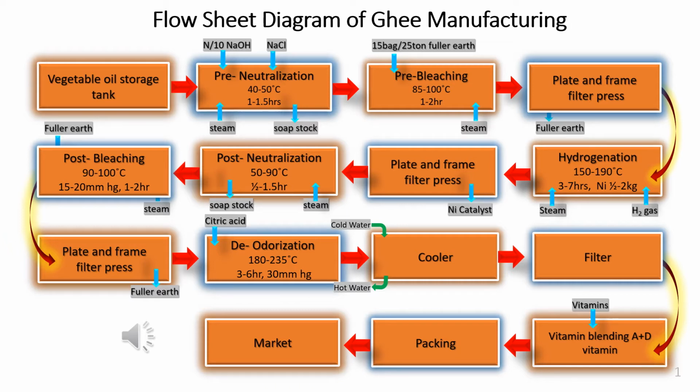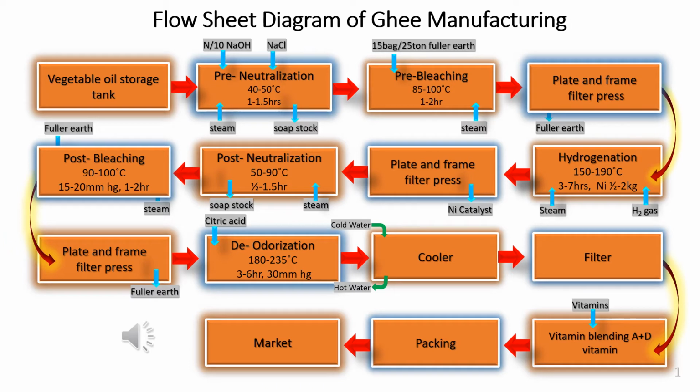And what is N/10 NaOH? Here N is showing the normality, and it is 4 gram of NaOH which is dissolved in 1 liter of water. So after providing the N/10 NaOH solution and NaCl to our oil in the pre-neutralization section, we provide steam to the oil.